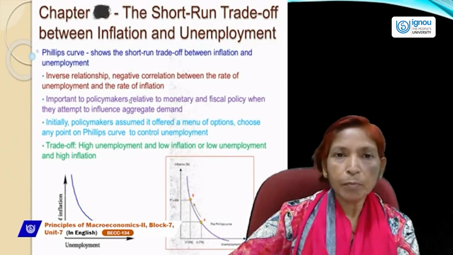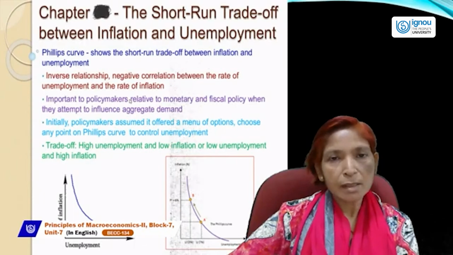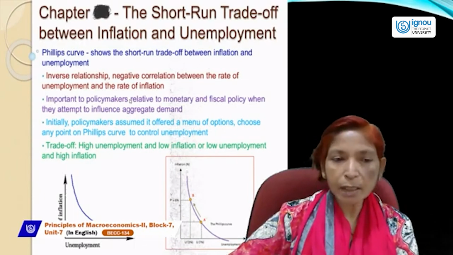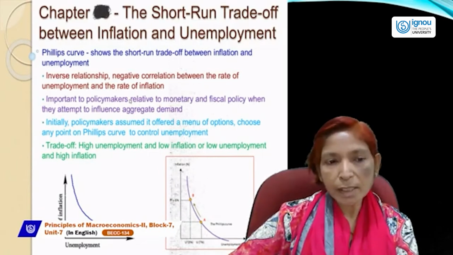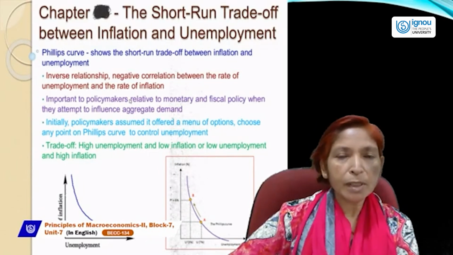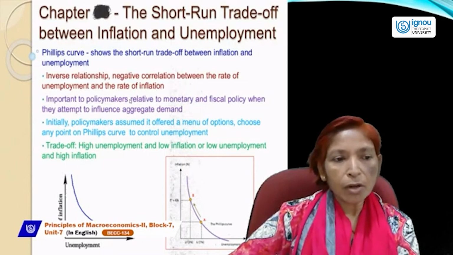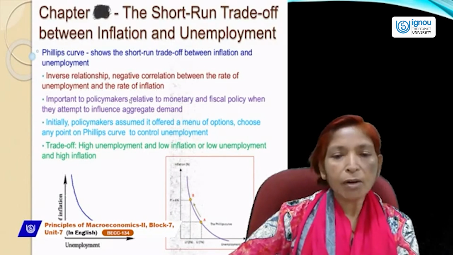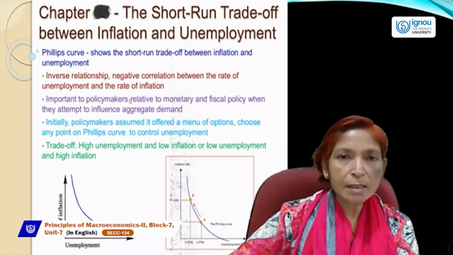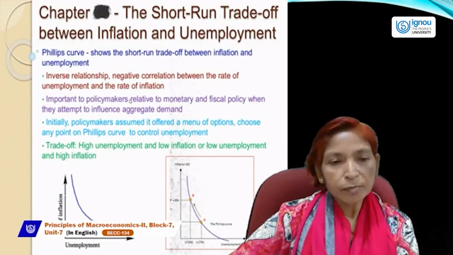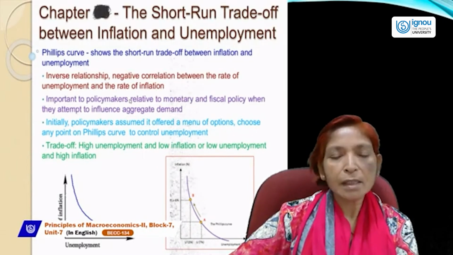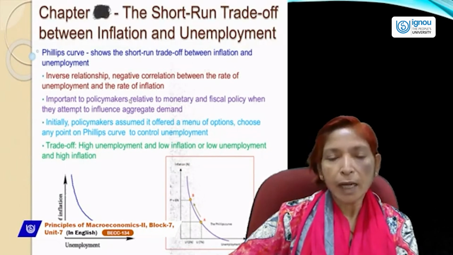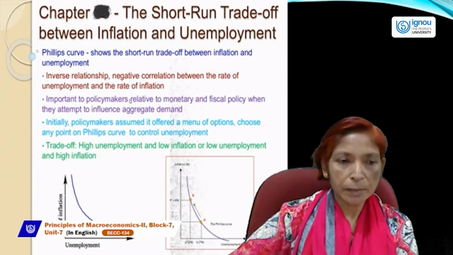It is very important for policymakers who make fiscal policy or monetary policy to know about this relationship, because their policies influence aggregate demand. If aggregate demand increases, then production will also increase, and then unemployment will fall and employment opportunities will be generated.